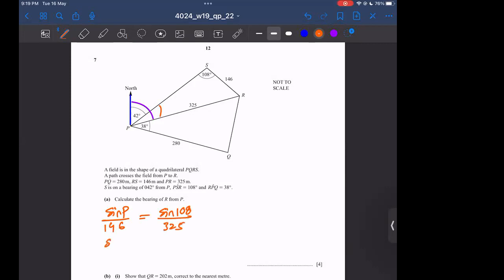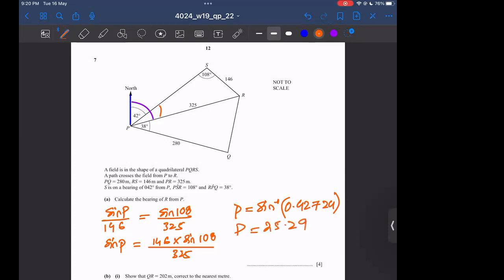So after cross multiplication, 146 multiplied by sine 108 divided by 325, you're going to have the value 0.4272. I'm going to take the sine inverse. Sine inverse of the value becomes the value of angle at P, which is going to be 25.29.